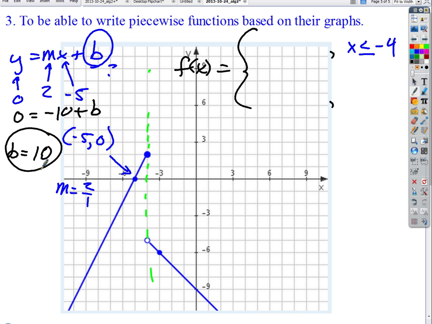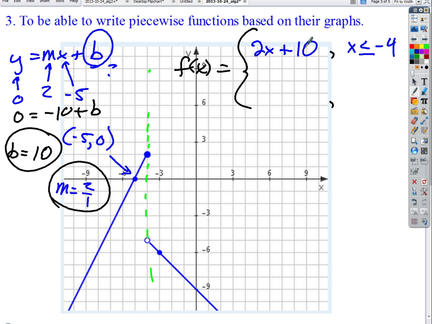Okay, if I know b is 10, and I know that m is 2, what's the equation? 2x plus 10. mx plus b, right? So we can fill in that blank. This one is 2x plus 10.